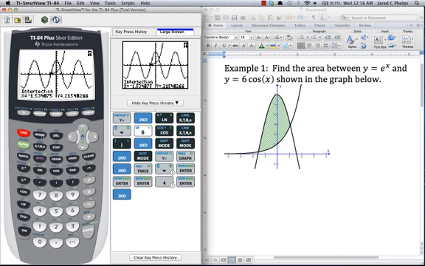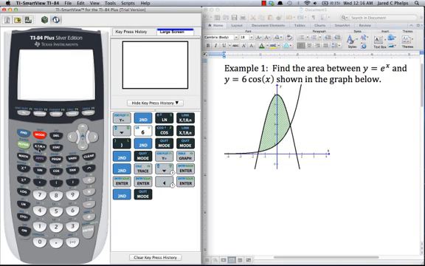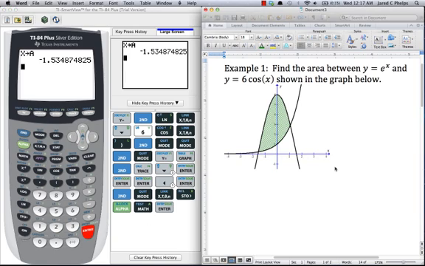We can quit out of this graph, and at the home screen hit x, store, a, and it will store that entire value to a. Now the way I recommend you do this on your paper, when you're doing your homework, you can write, okay, a is negative 1.534,874,825.